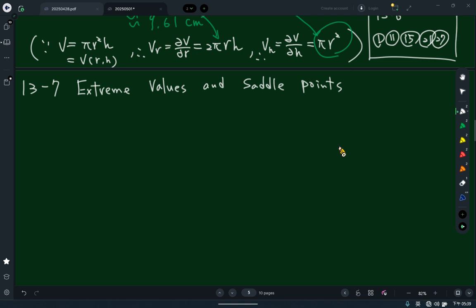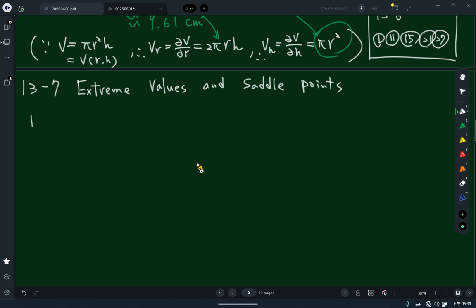For a single variable function, we can use the first order derivative and the second order derivative to calculate the extreme value, right? So it's no doubt that you can understand what extreme value is. But in a single variable function, we will not have a saddle point. Only for a two variable function can we have a saddle point.